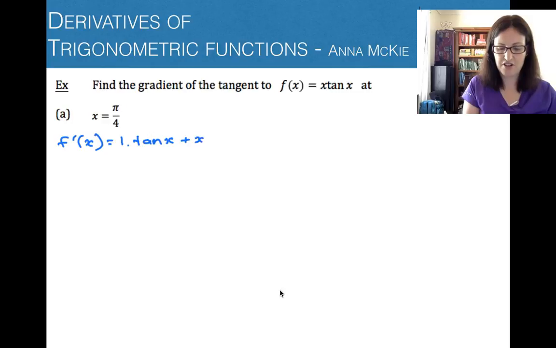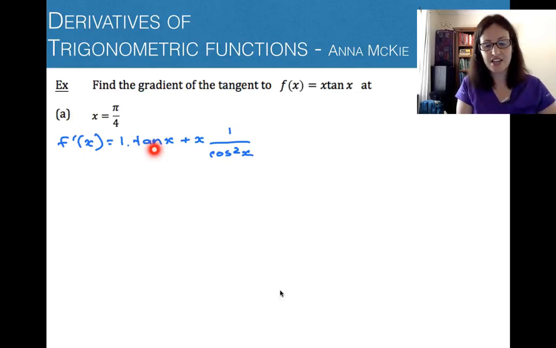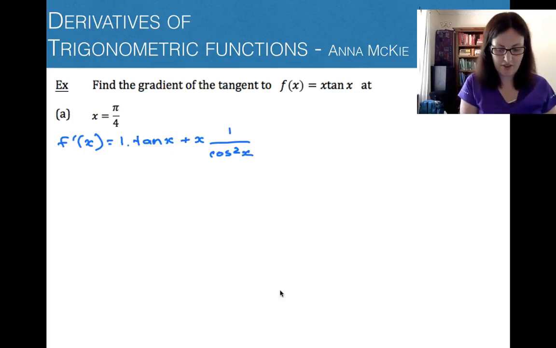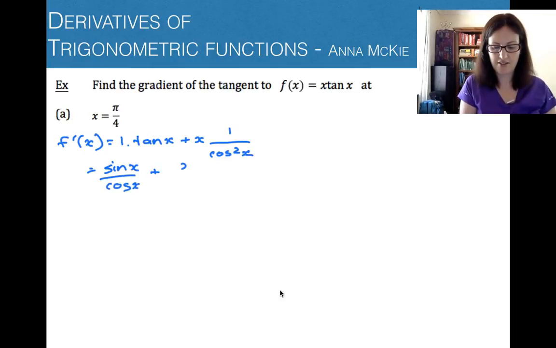Add where you leave the first, differentiate the second. So we're going to get 1 on cos squared x. Tidy that up and we're going to change tan into sine x on cos x. So we have sine x on cos x plus x on cos squared x.